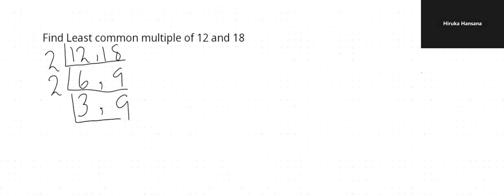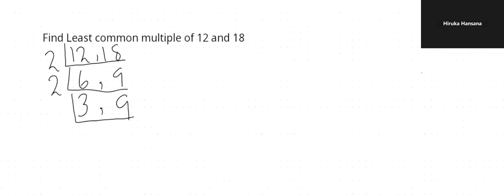And you have to continue the method. So what we can do now is check whether we can divide any of these two numbers nicely by 2. Is 3 nicely divisible by 2? No, 3 is not nicely divisible by 2. 9 is also not nicely divisible by 2.